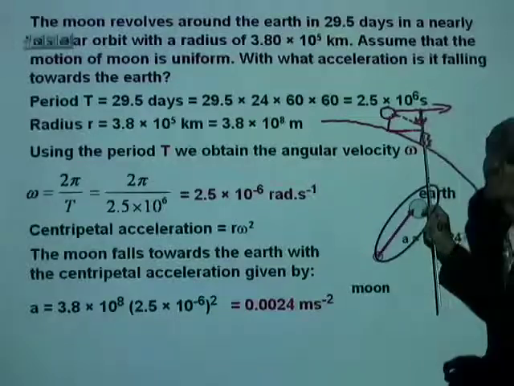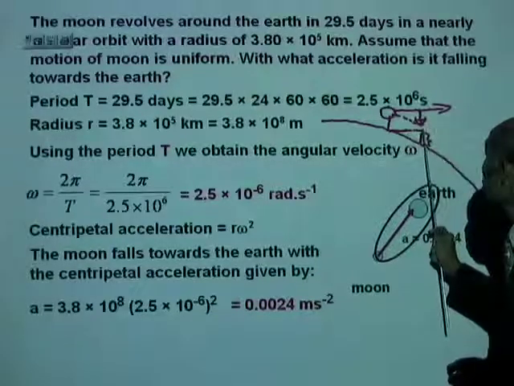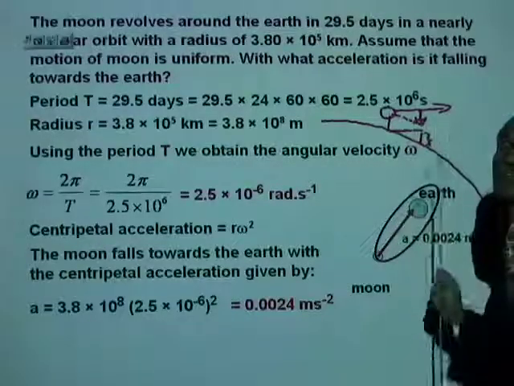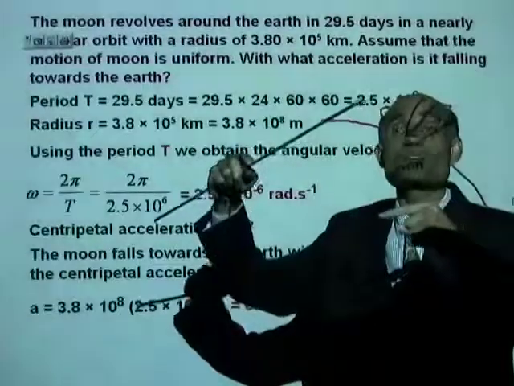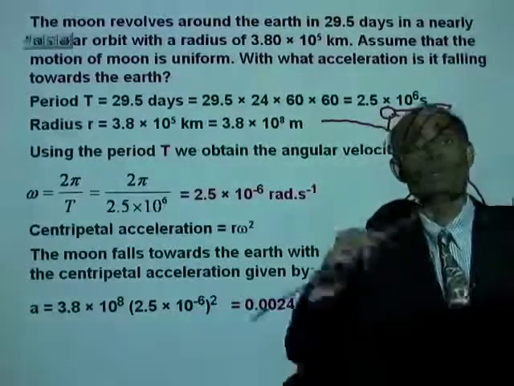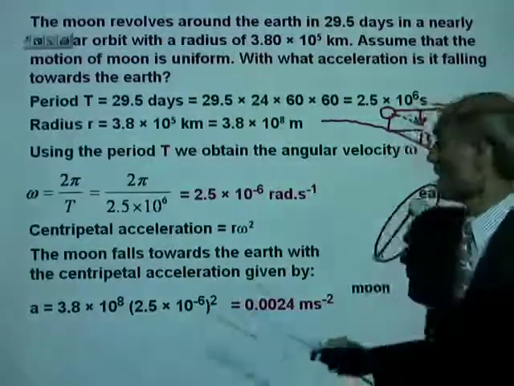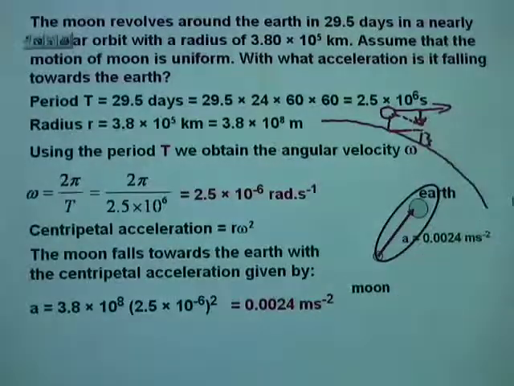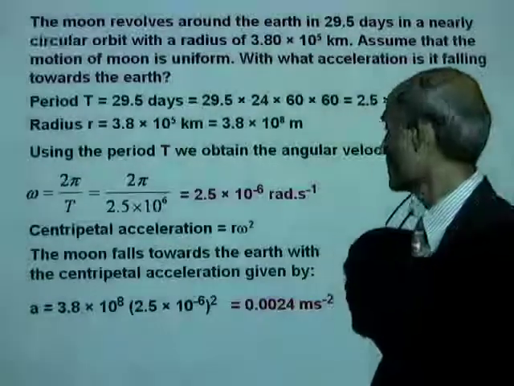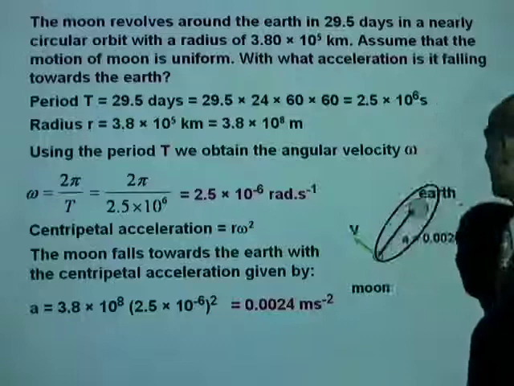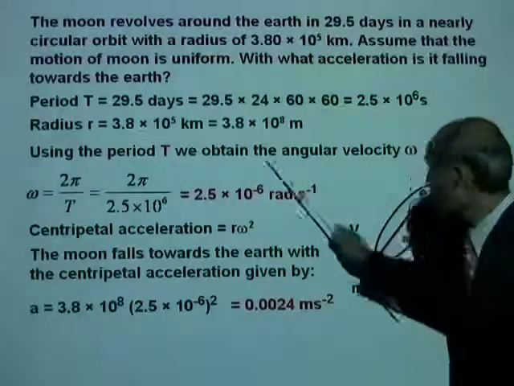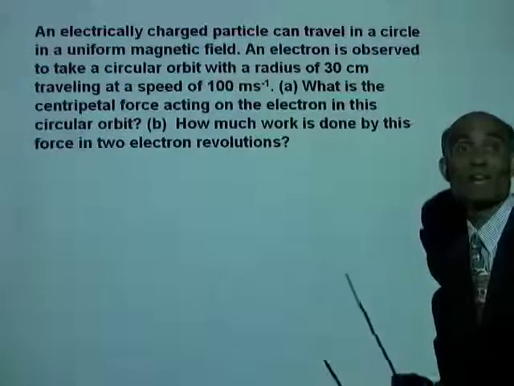So the moon has fallen by this distance, the surface of the earth has fallen by the same distance. It means the moon will be always at the same height. It will keep going in an orbit. So the moon is actually falling towards the earth at this constant acceleration. In the absence of this acceleration, you know that the moon will simply go away along the tangent.